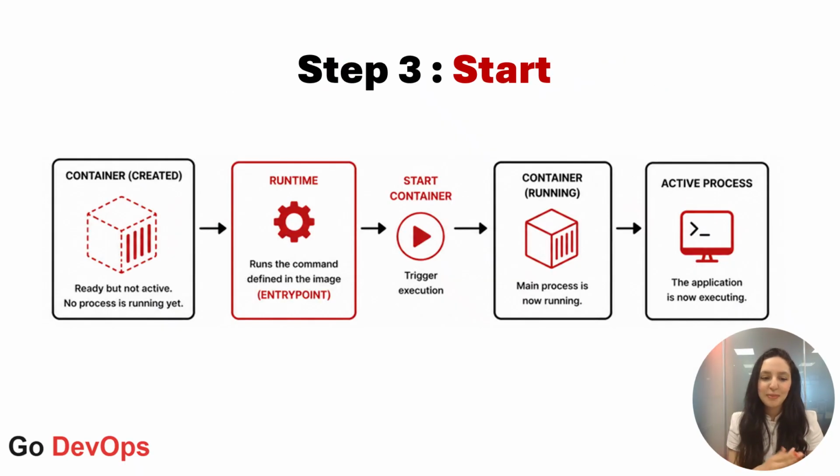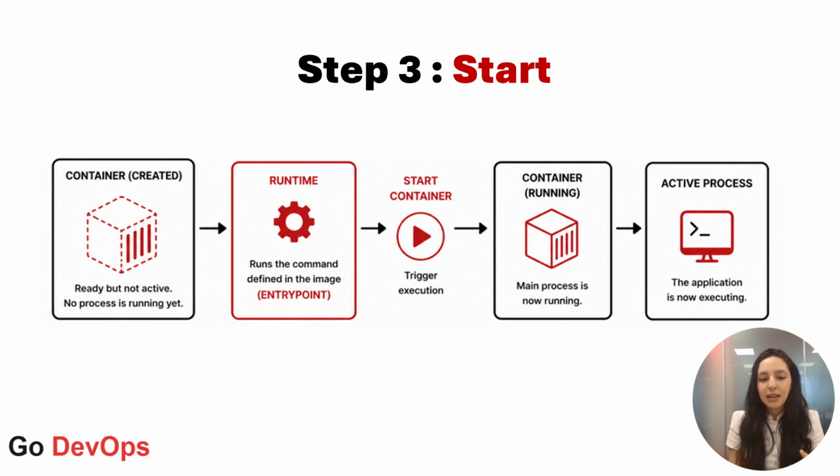So the next step is starting the container. So this is the moment where the container is launched, and the main process begins execution. So when the container starts, the runtime runs the command defined in the image. So usually it's the entry point of the application. And at this point, the isolated environment created earlier is activated.